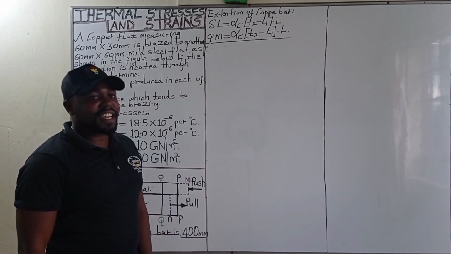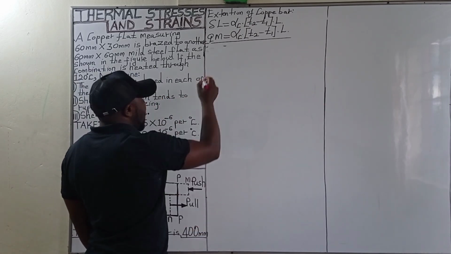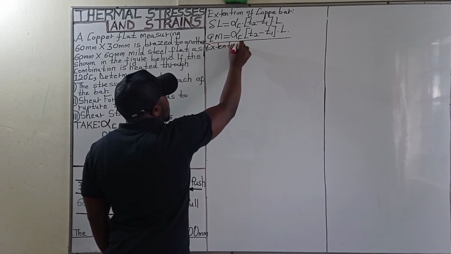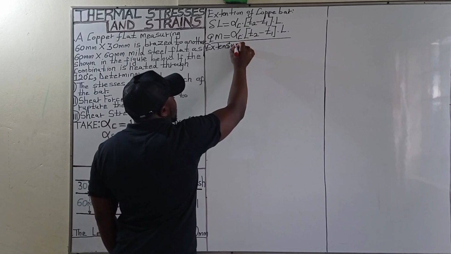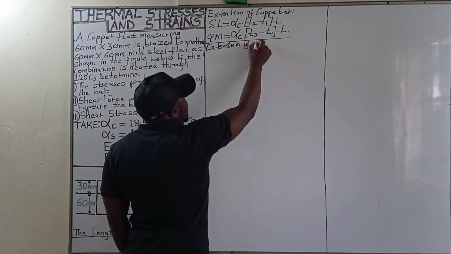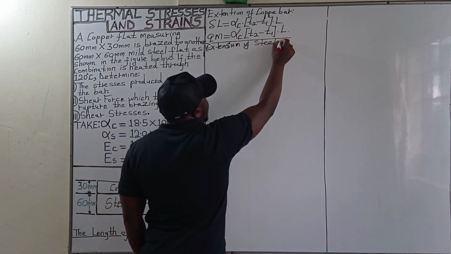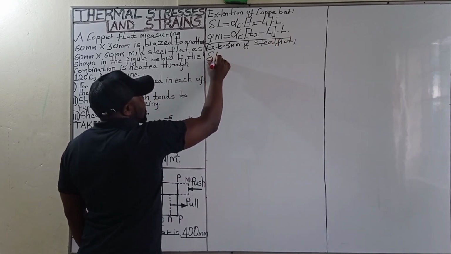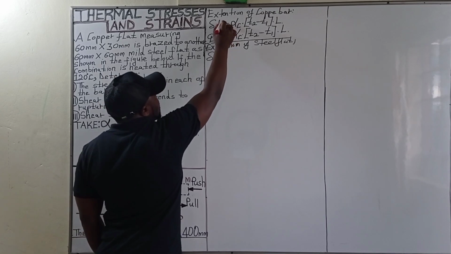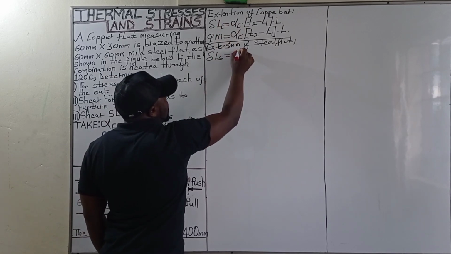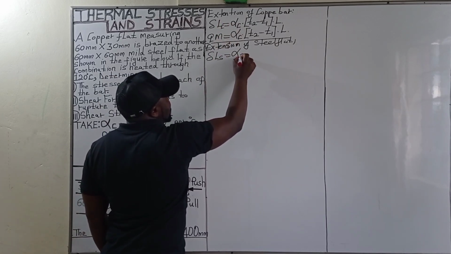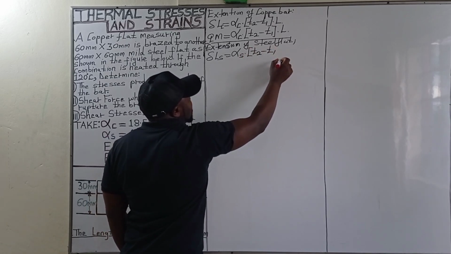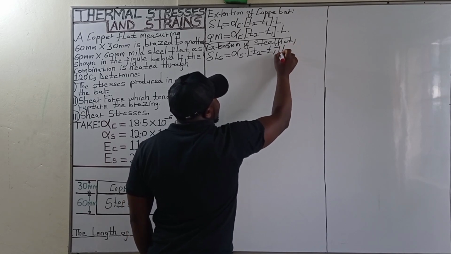On the other hand, the extension of the steel flat or the steel bar will be given by the change in length in the steel, equal to the coefficient of linear expansion of steel times the change in temperature T2 minus T1 multiplied by the length.